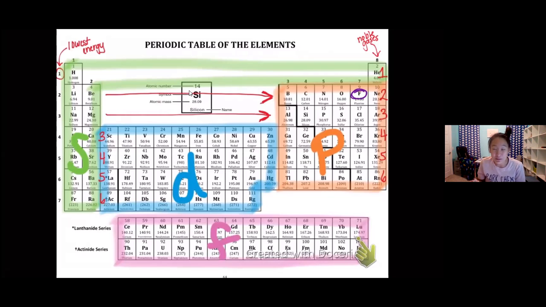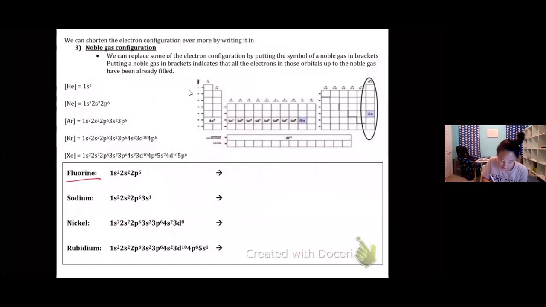A common mistake is a lot of people want to say neon, but neon is after fluorine. So the noble gas before fluorine, in column 8, is helium, right? So you would write helium in brackets like this. Helium is the noble gas that comes before fluorine, okay?